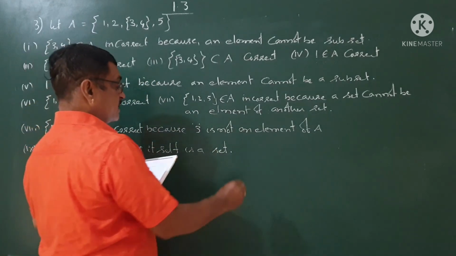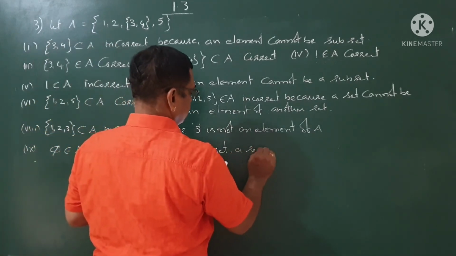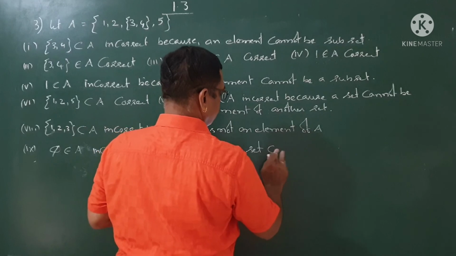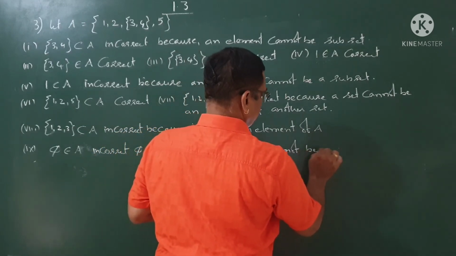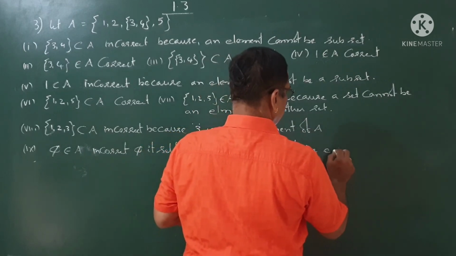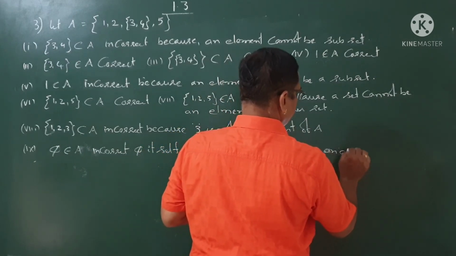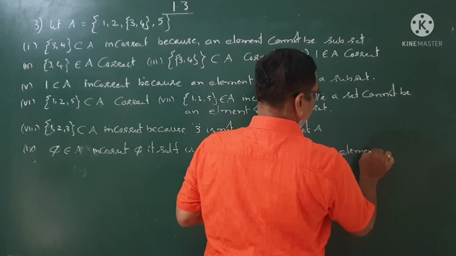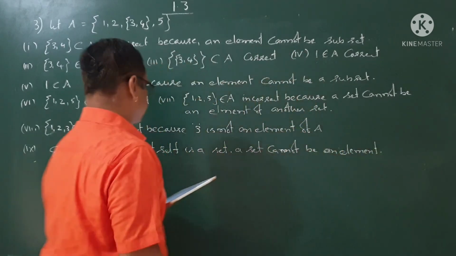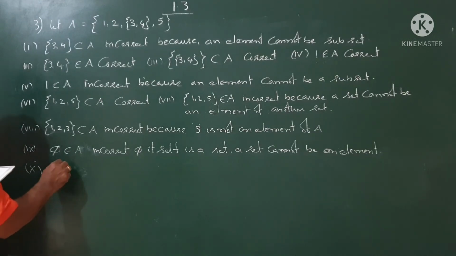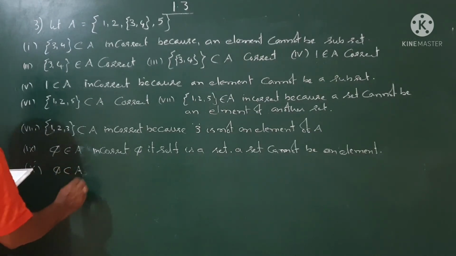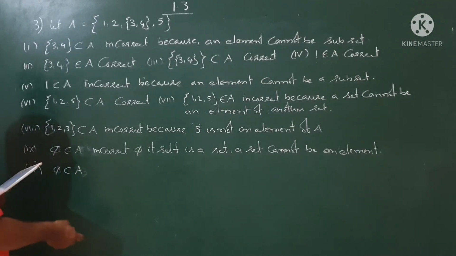A set cannot be an element. Yes. Next one, 10. Phi is a subset of A. The empty set is a subset of every set, therefore correct.